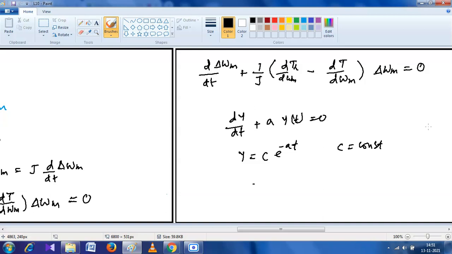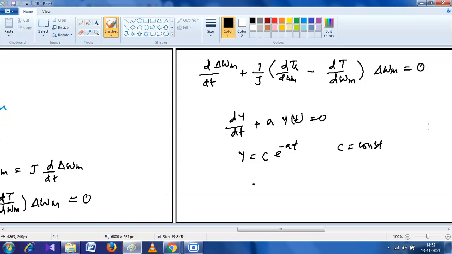So considering this solution, tell me what is the solution of the above equation? The solution of the first order equation. What is the first order equation here? d/dt of y plus a y, where y is a function of t, is equal to 0.